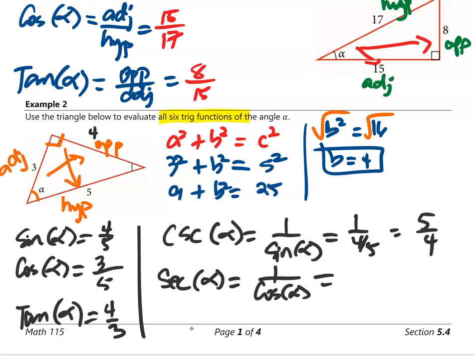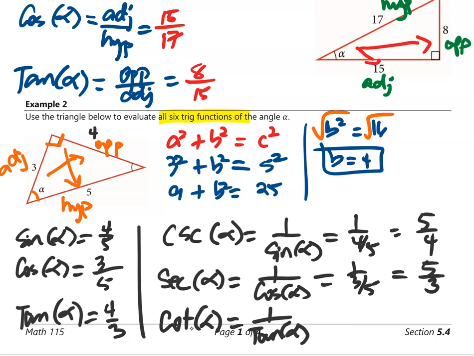Cosine is 3/5, so 1 over 3/5 is equal to 5/3. Then cotangent alpha is 1 over tangent alpha, and tangent is 4/3, so 1 over 4/3 is equal to 3/4. So these are our 6 trig functions of the angle alpha.